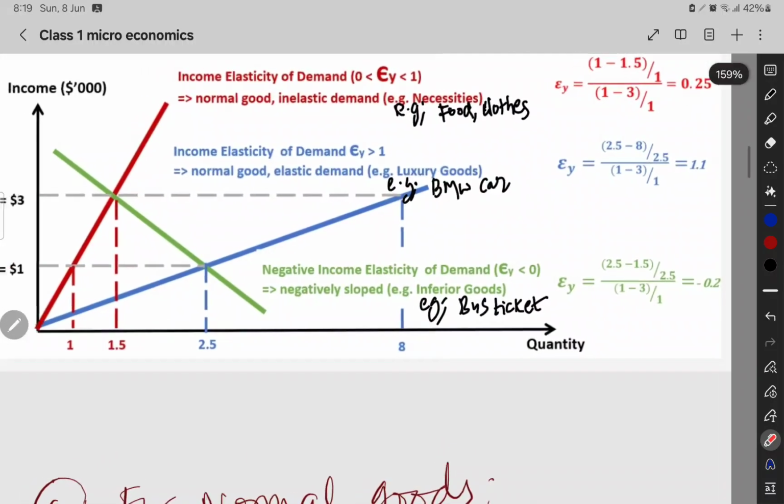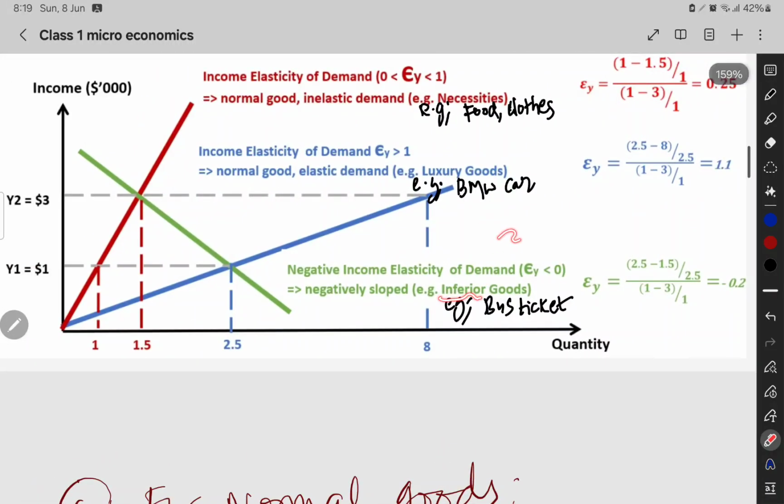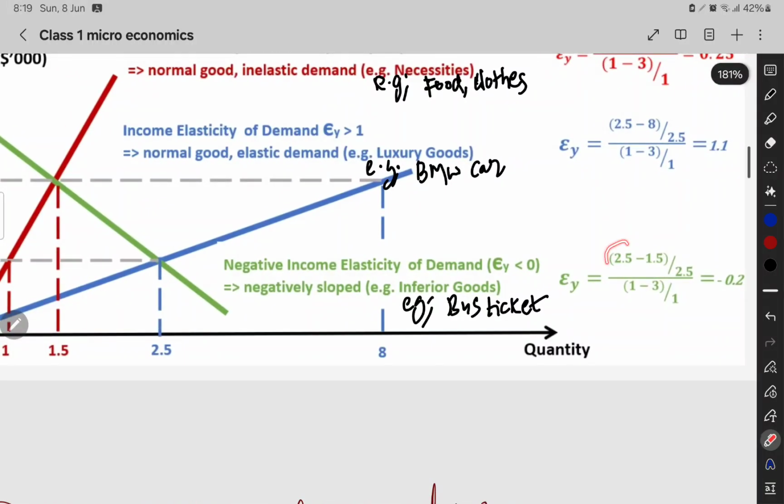Similarly, for inferior goods, if income is increased, who would buy cheap clothes? Who is going to buy? So initially it is 2.5, but the quantity demanded decreased to 1.5. And what about the change in income?